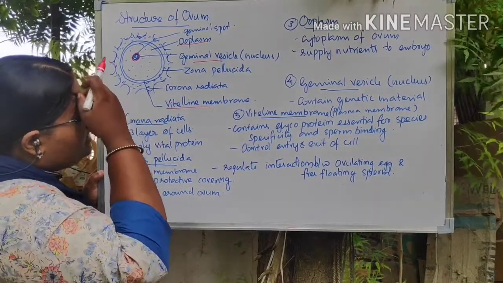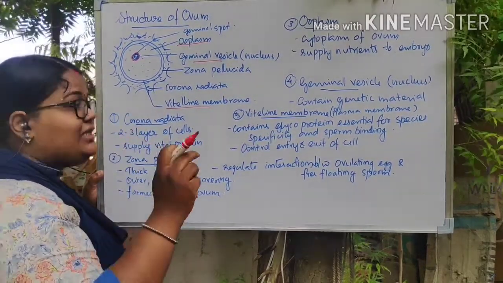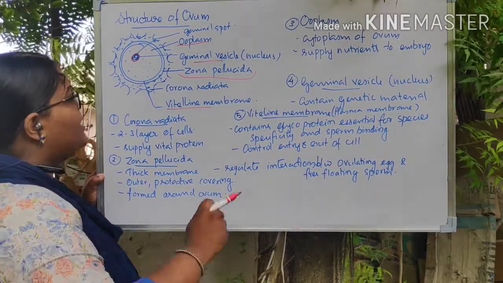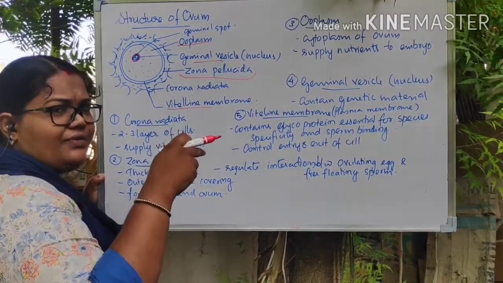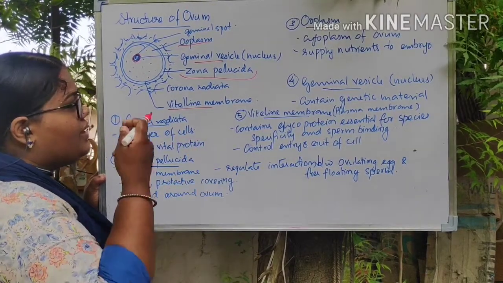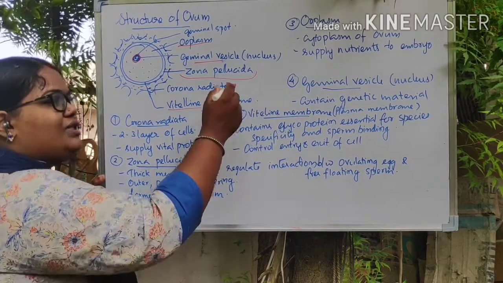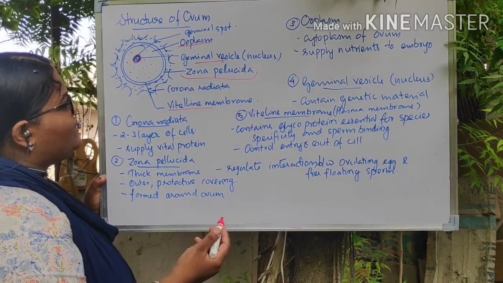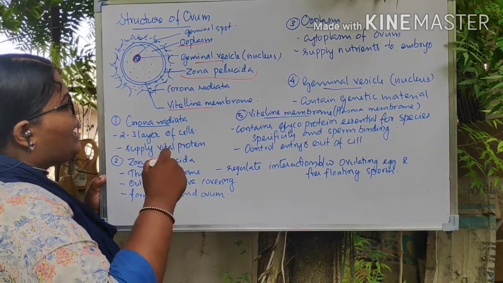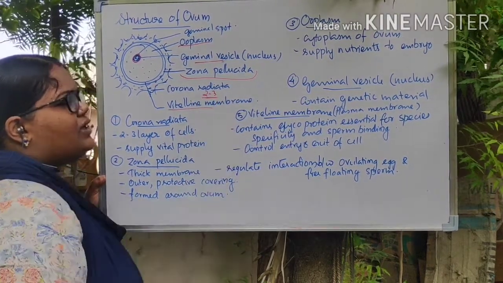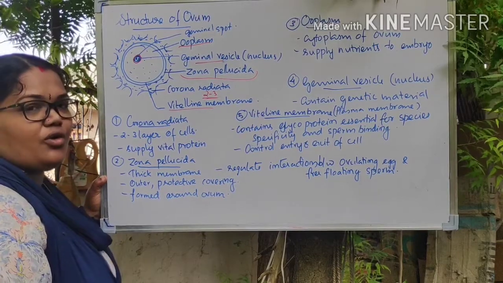Covering this, there is a thick protective covering, which is very important, called the zona pellucida. This very thick covering gives protection to the ovum. After that, there are mostly 2 to 3 layers of covering, called the corona radiata.